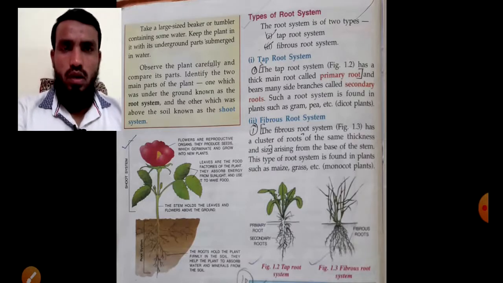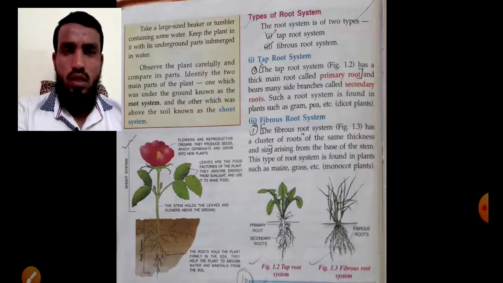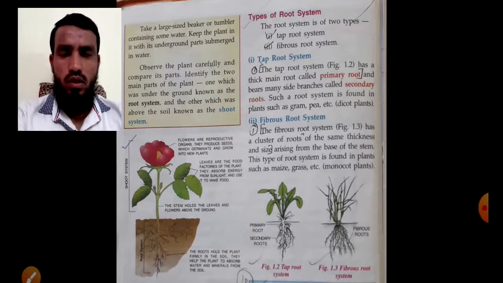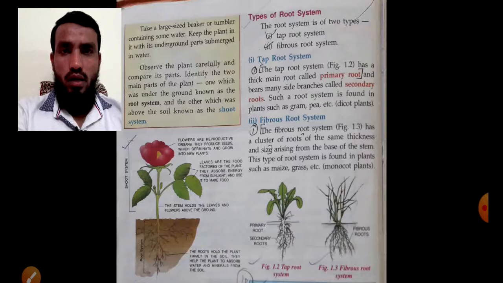The roots should be submerged in the water, because the plant requires water to stay alive. So you have to keep it like this.